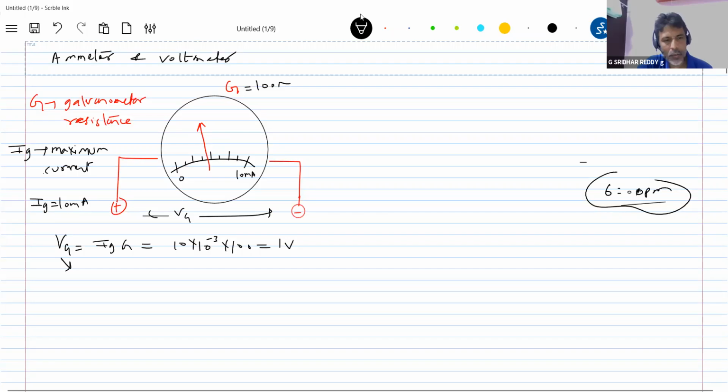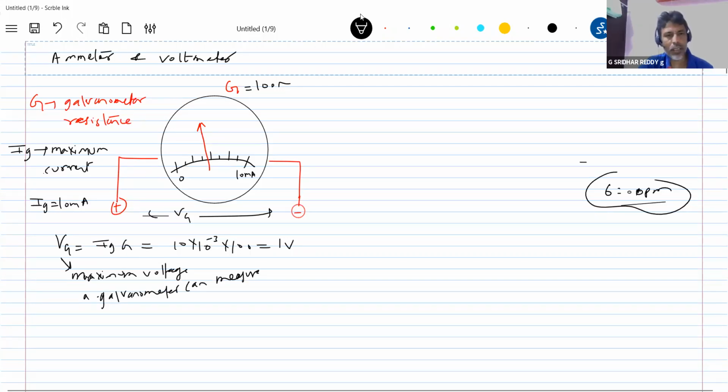So the maximum voltage a galvanometer can measure. For this galvanometer, if you apply a potential difference of 2 volt, then the pointer will be at 10 milliampere and it cannot deflect further.